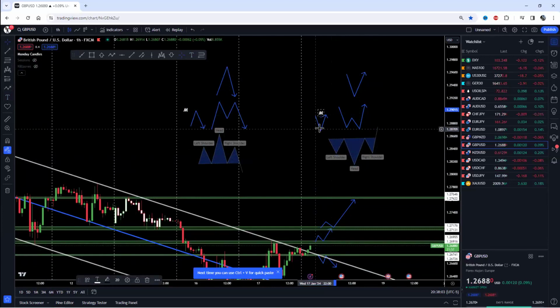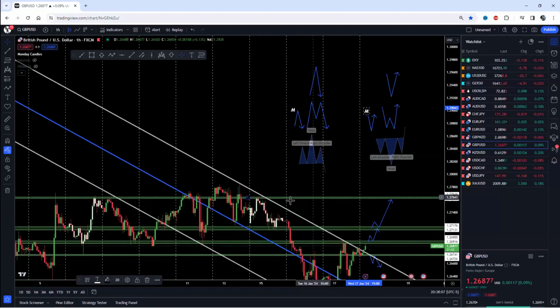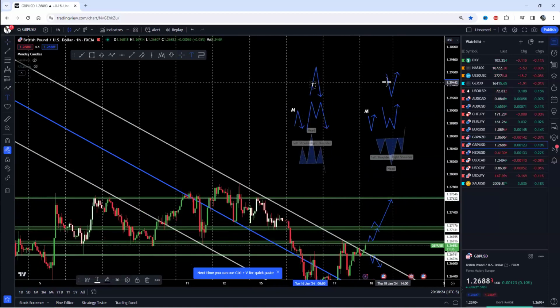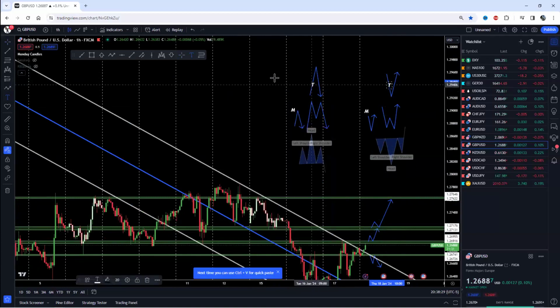So Monday, left shoulders are created. Left shoulder, this is Monday. Left side of the head is created on Tuesdays. Left side of the heads are created on Tuesdays.